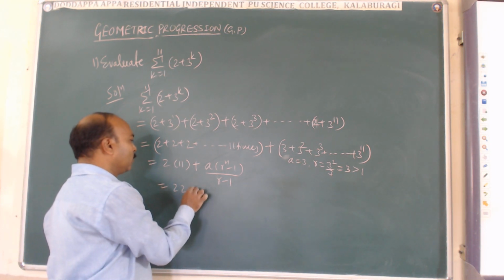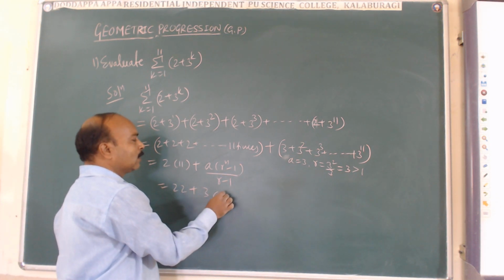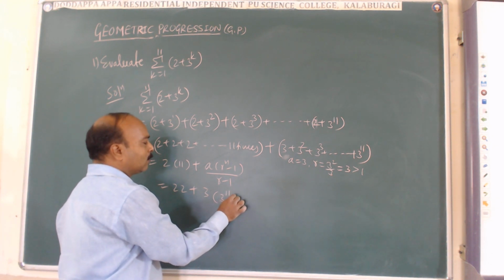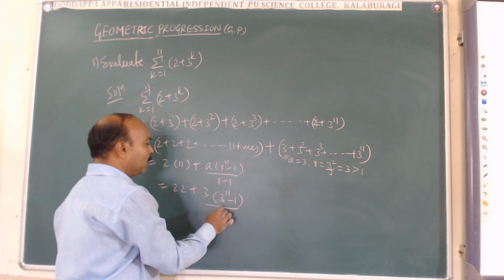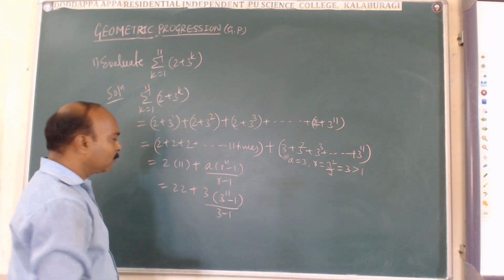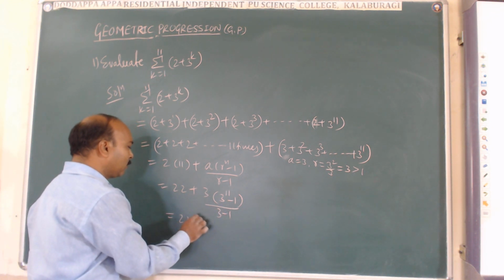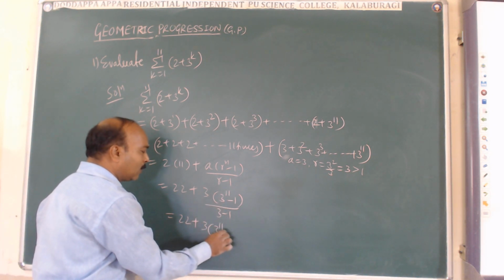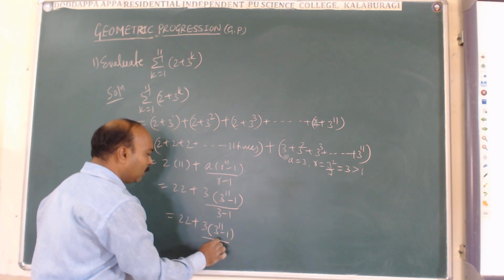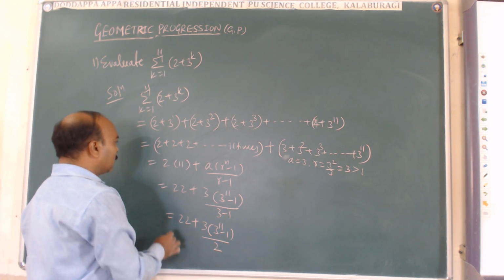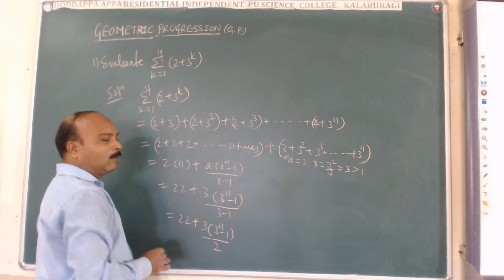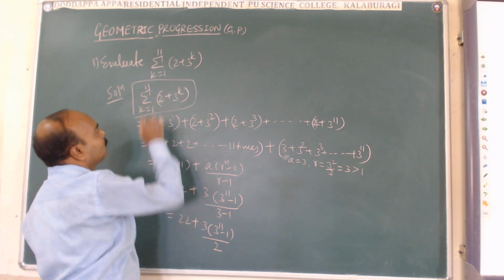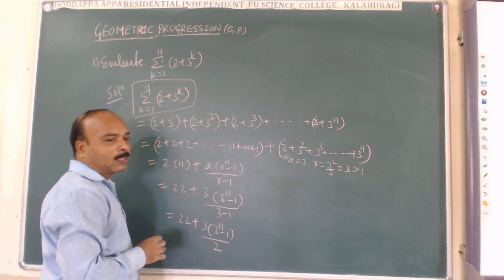It is 22 plus, a value is 3, r value is 3, n value is 11, minus 1, divided by 3 minus 1. Now it is 22 plus 3 into (3 power 11 minus 1), divided by 2. This is the value of the given expression, sigma k equal to 1 to 11, 2 plus 3 power k.